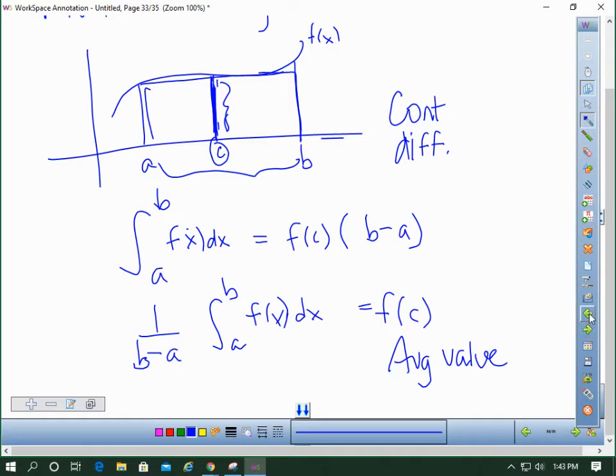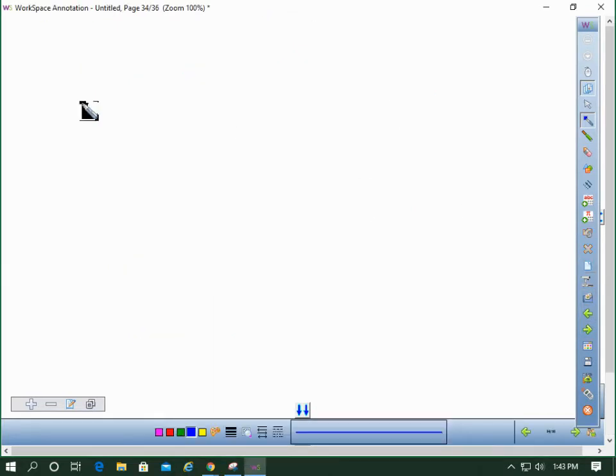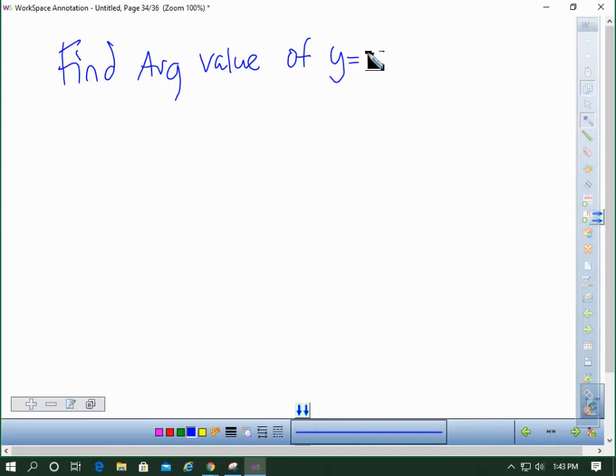So if I gave you this problem, find the average value of y equals 2x squared plus 2x plus 1 on the interval from -2 to -1. In order to find this, it has to be a continuous function, so the mean value theorem has to apply.